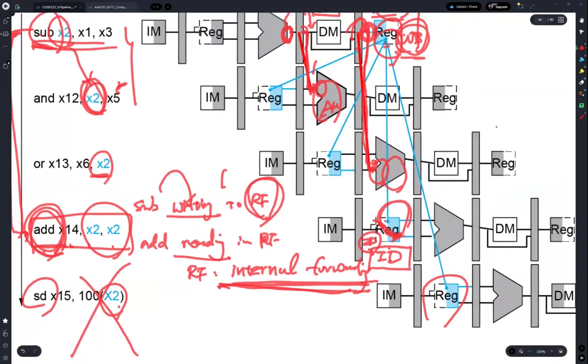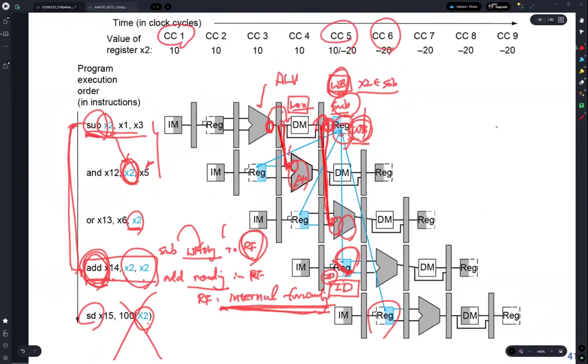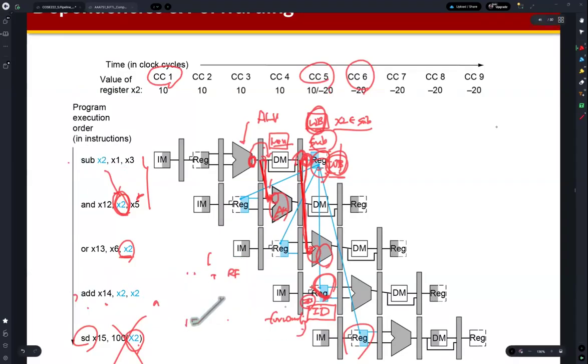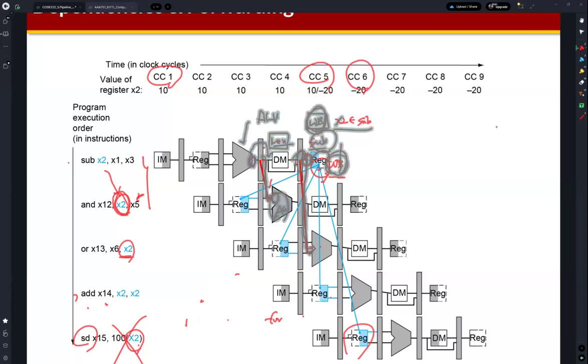So what can you observe? In order to handle the data hazard by data dependencies, the CPU needs to support three different cases of data forwarding, right?